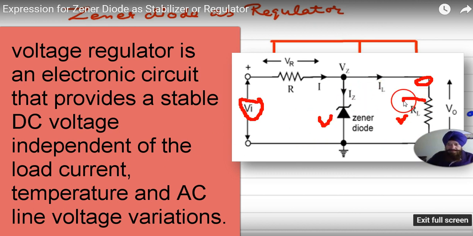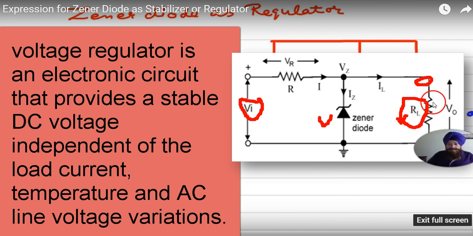Load current means if you change the load, right? If you change the load, there should not be any change across the Zener. The output should remain constant. It should not change with the change in the load resistance.